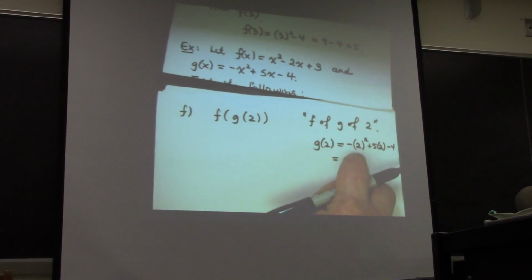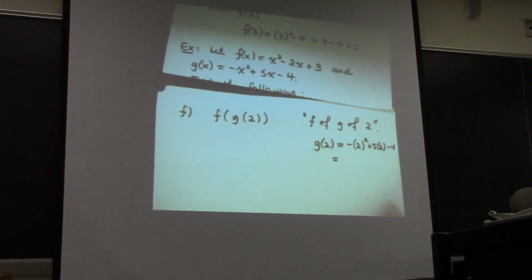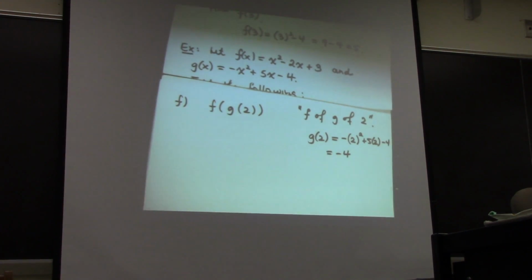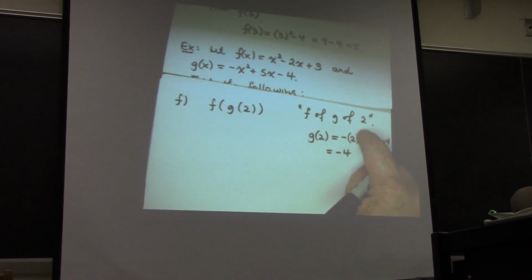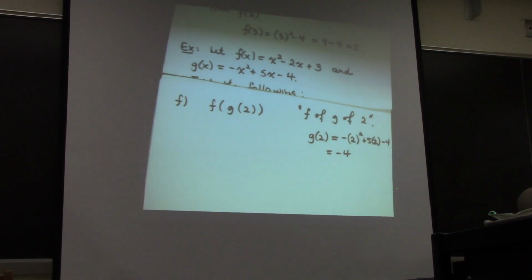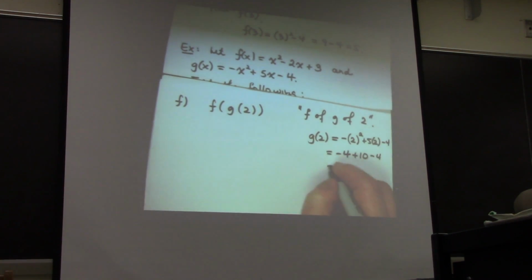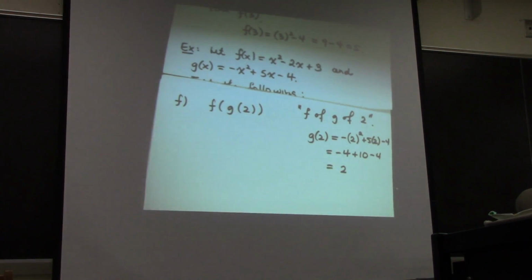So what's the -2 squared? -4. It's not -2 wrapped in parentheses squared. It's 2 squared, negative out in front. So -4. And then plus 10 minus 4, which is 10 minus 8, or, oh, that's interesting. Anyway, we got a 2 again.